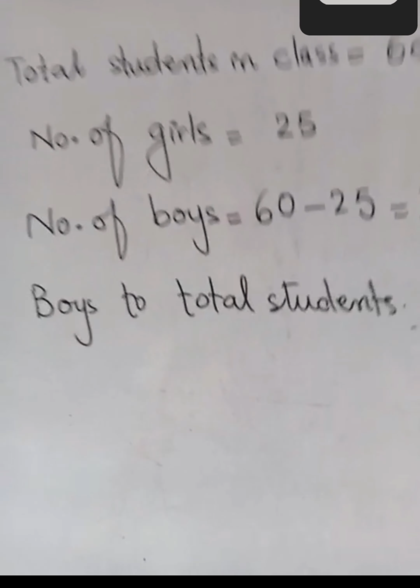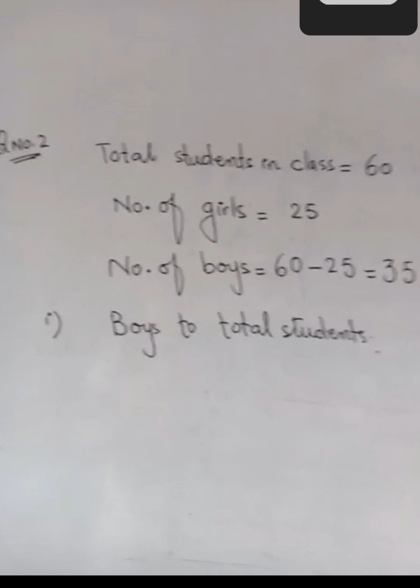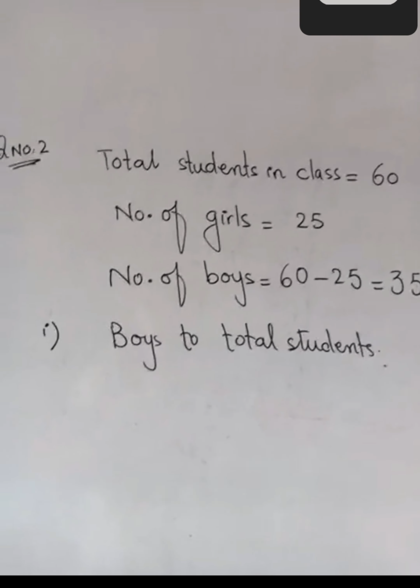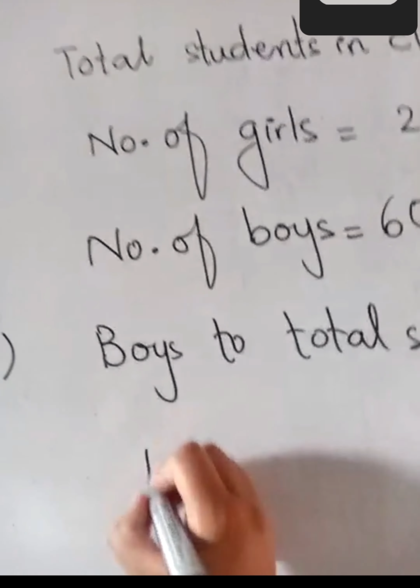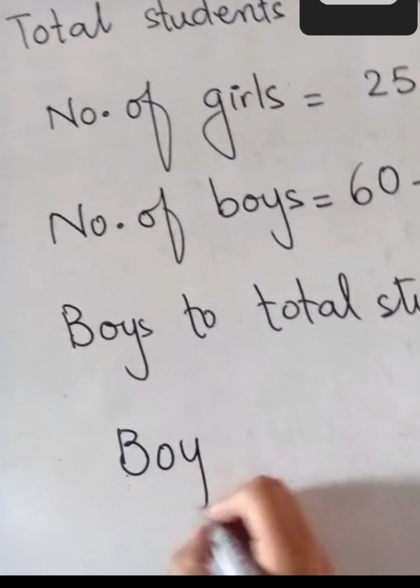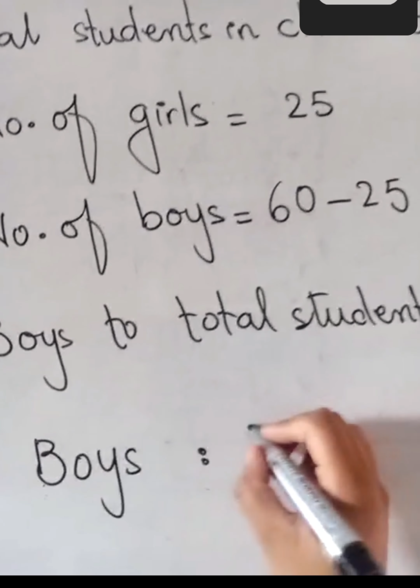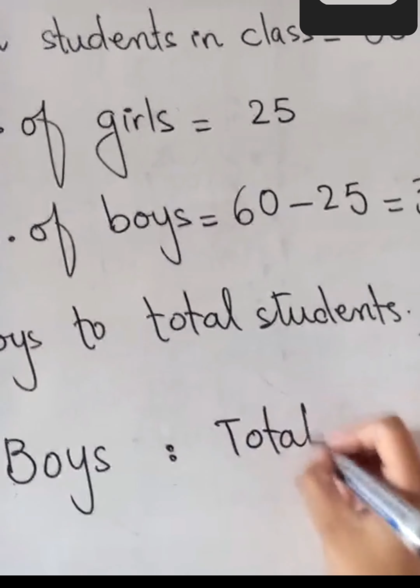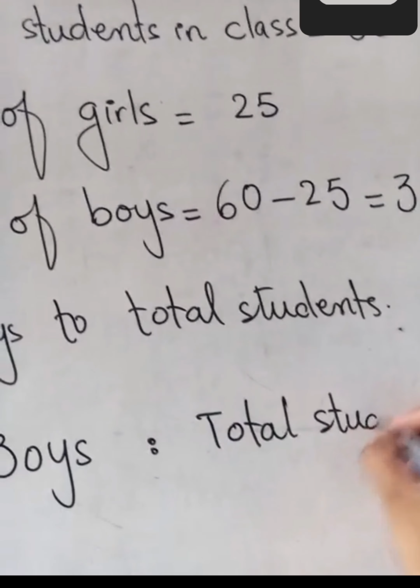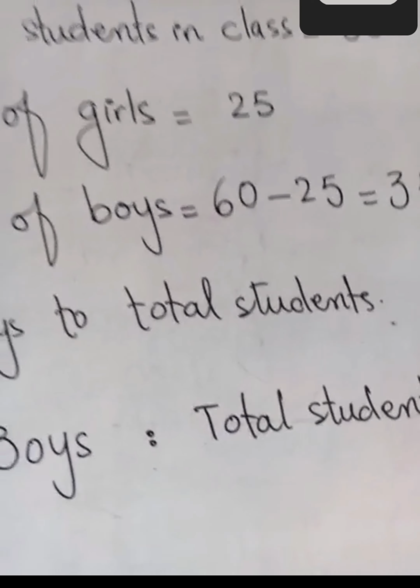Okay. Now here what are they saying? Find the ratio of boys to total students. My first thing is to write boys ratio total students. They have said ratio. They haven't said to write them in fraction form.